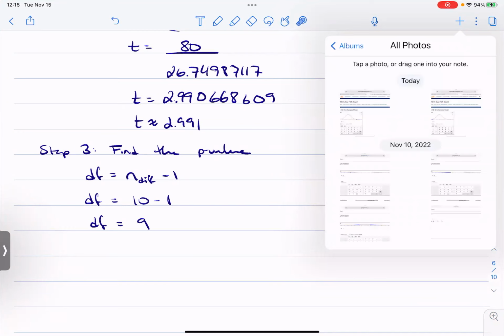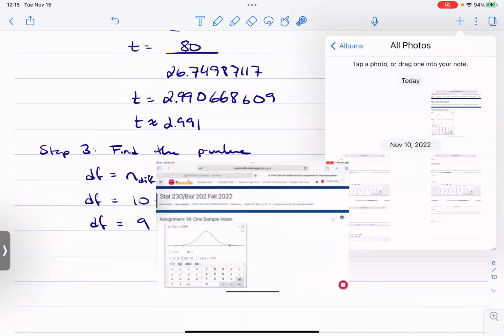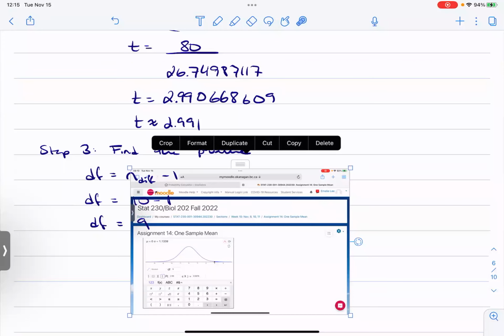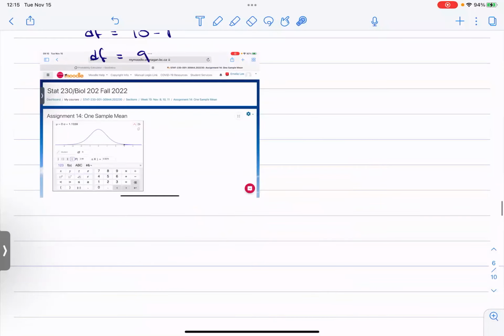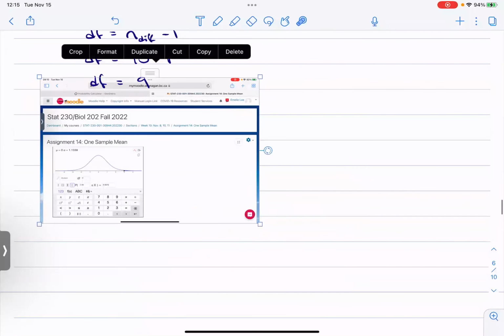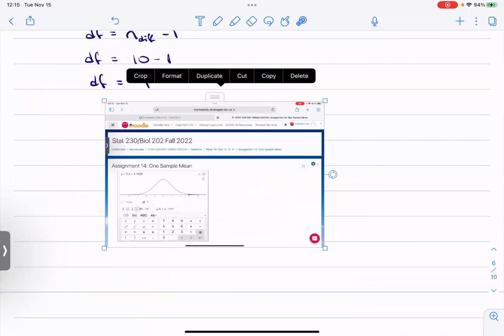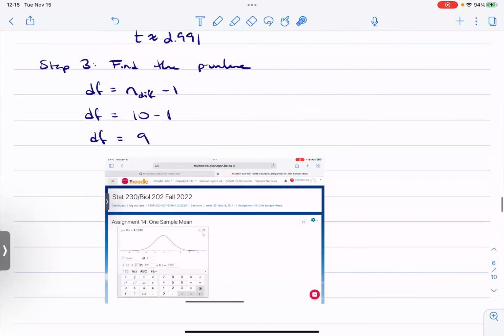If I can figure out which one. Is it this one? Yeah. Okay, I only used 2 decimal places. I was feeling lazy this morning, I guess.